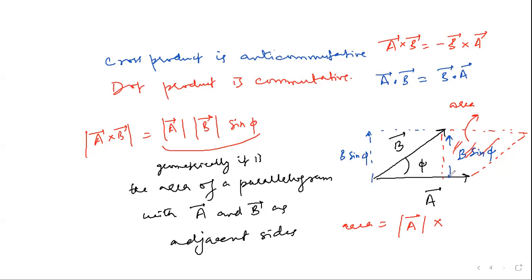So area of this parallelogram therefore is magnitude of A into magnitude of B into sine phi. This is base, this is altitude or height, right? So it is justified that the magnitude of A cross B vector is geometrically the area of a parallelogram with A and B as adjacent sides. A and B are here, tail is adjoining, so they are adjacent sides, not opposite sides. Got it?